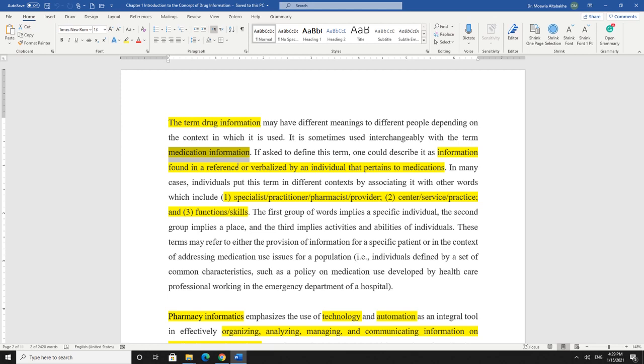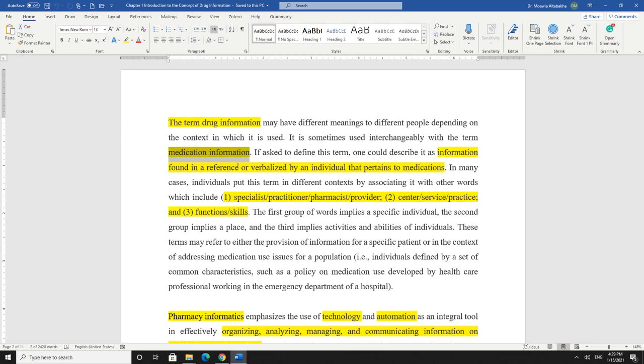So I'm talking, for example, to my patient about medication. So this is drug information. Or I am finding this information, or the patient is finding this information in a particular place, like a textbook, and that is medication information.